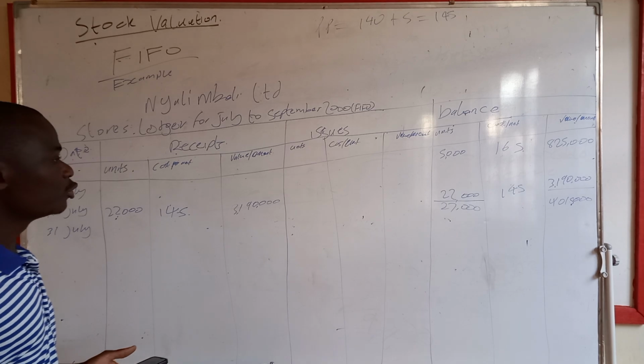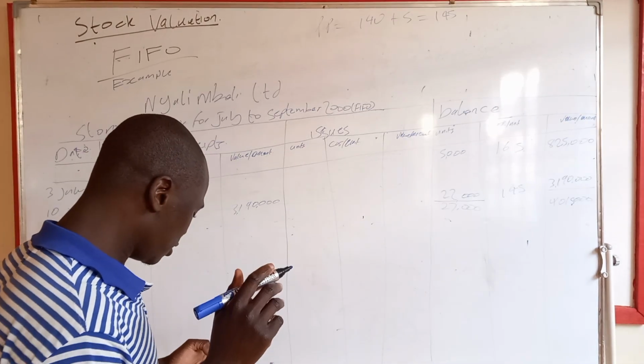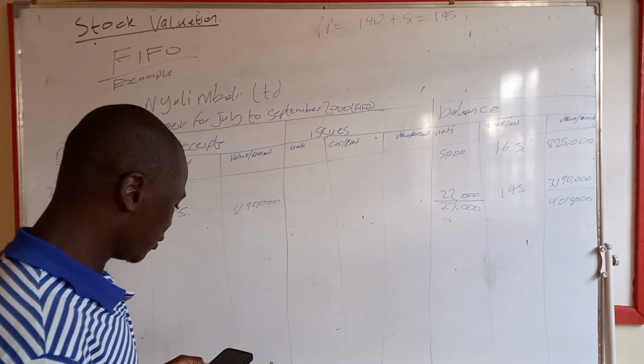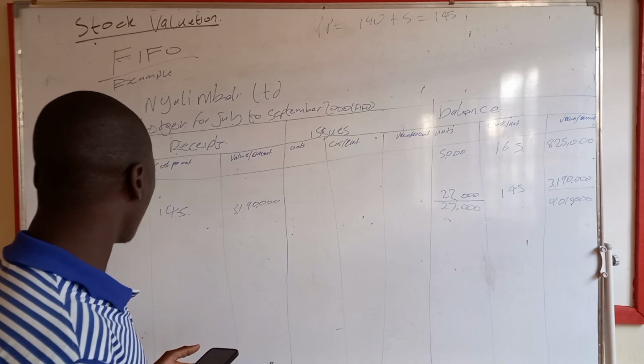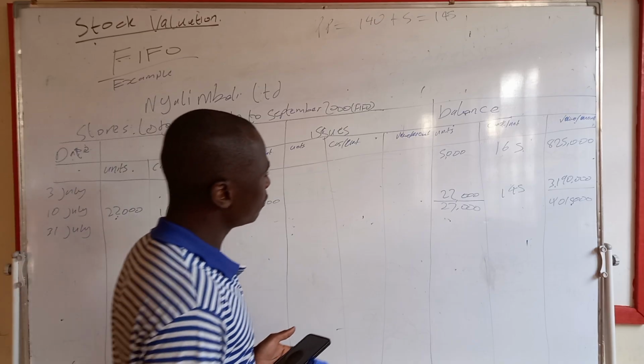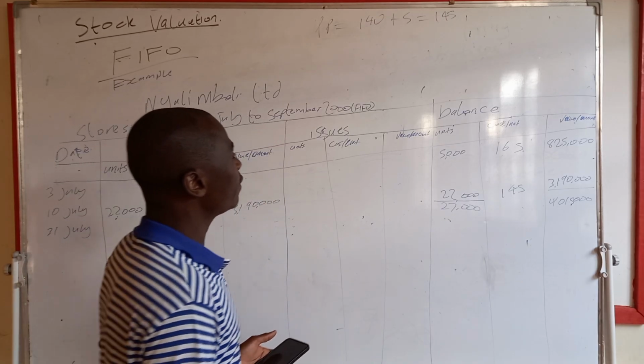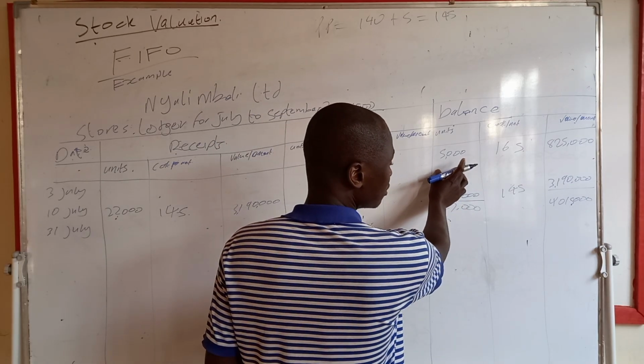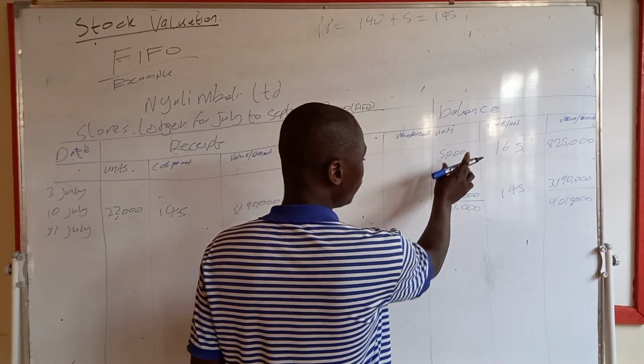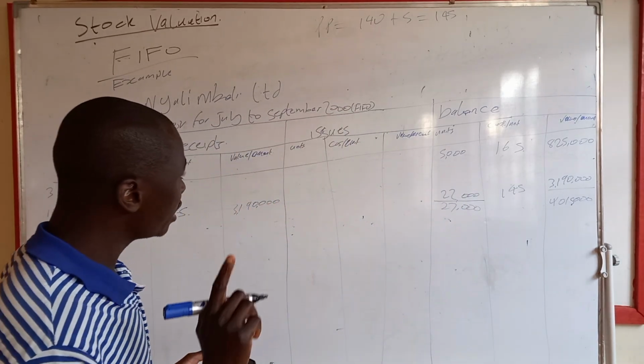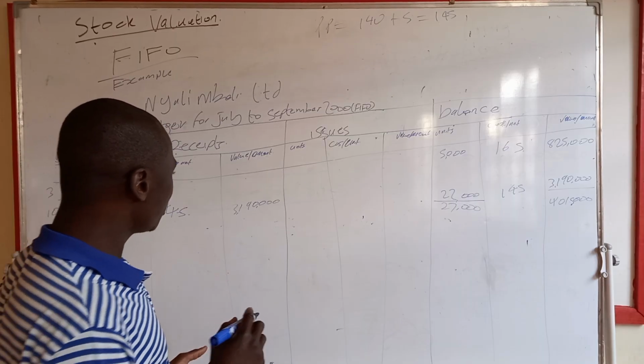But you have issued 20,000 on that day. So how are you going to be issuing them? How do you find the value here now? The first thing in your mind, you ensure that you write that 5,000.